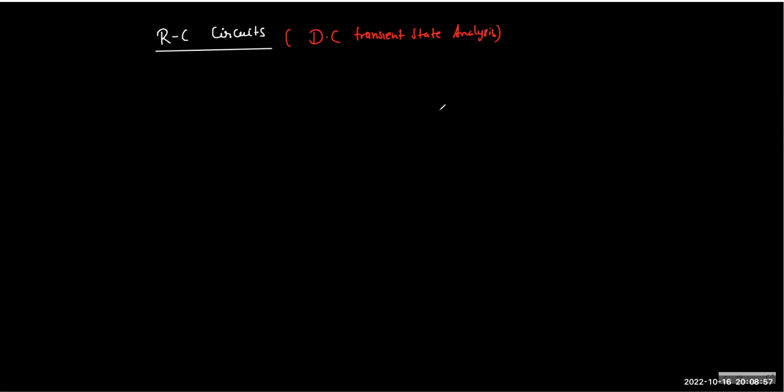Now, what is the purpose of an RC circuit? Let me talk about it before we come to the theory. The entire world right now, when I'm talking to you, the device which is making everything possible is the RC circuit.